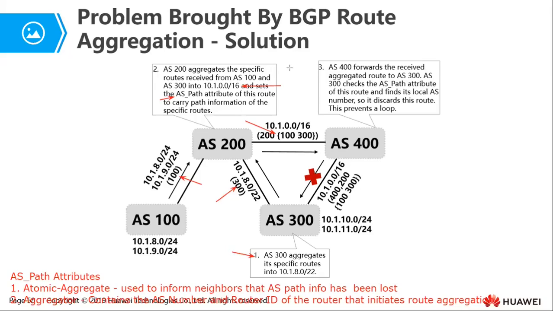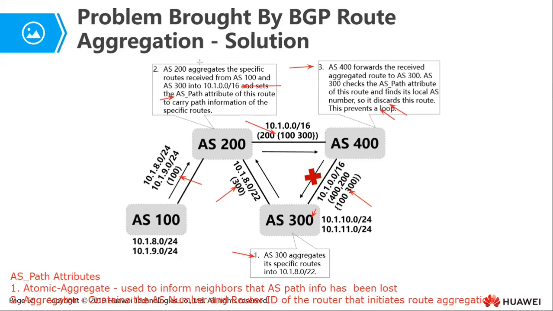On step number 3, AS 400 forwards the received aggregated route to AS 300. AS 300 checks the path attribute and finds its own AS number, 300. So it will simply discard the route and therefore prevent a loop from occurring.